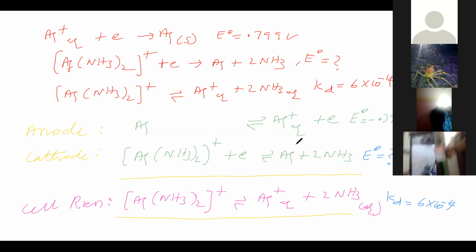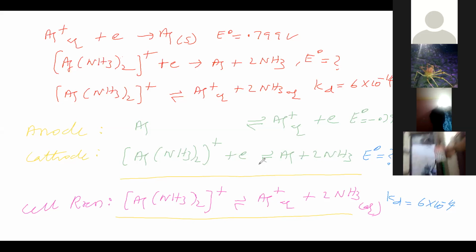In this case we need not bother about whether the process is spontaneous or non-spontaneous. As per the question, we have to find E naught, and with respect to that, we have written. We need not bother about whether the process is spontaneous or non-spontaneous, or about writing it as spontaneous only.